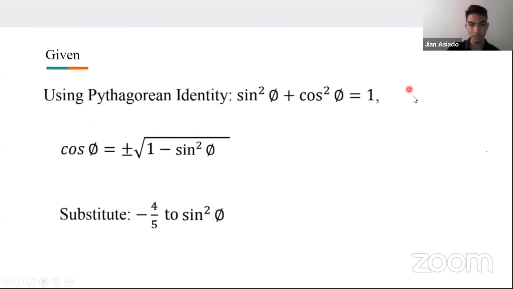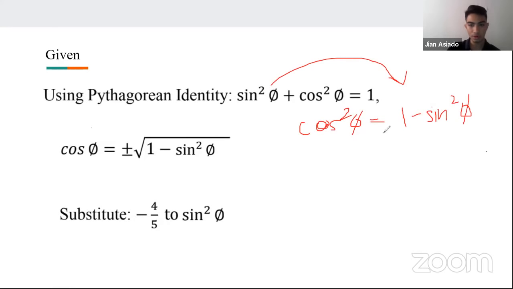Si sine, lipat mo lang sa kabila. Tapos kunin mo yung square root. Lipat mo to dito. Cosine squared phi is equal to 1 minus sine squared phi. Tapos square root mo yung buo. So mag-a-arrive ka dito.